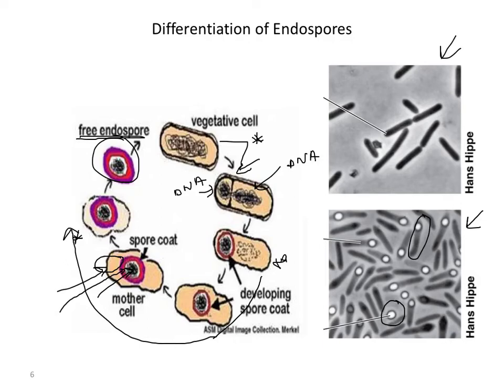So the process of triggering formation of a vegetative cell, which is what would be this step here, is typically referred to as something called sporulation. It's when a spore becomes or differentiates into a vegetative cell. And the cues for sporulation are complex.